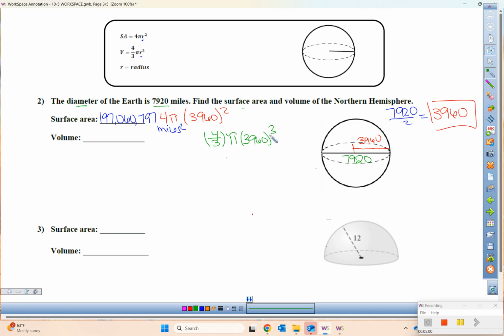When we put this in, we're going to come up with a really big number, and it's going to be so big our calculators probably cannot hold it. So let's go ahead and see what we come up with. 4 over 3 pi, 3.875, and remember cubed is using that little caret key to the third.